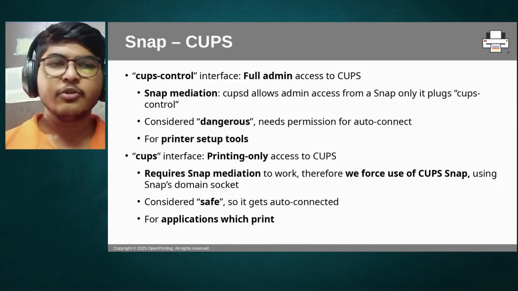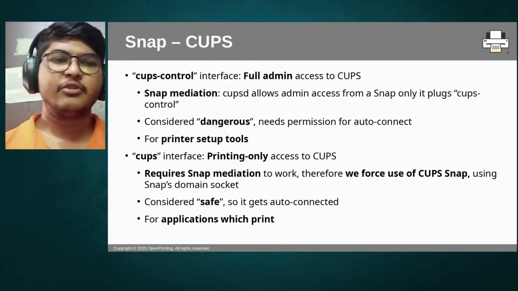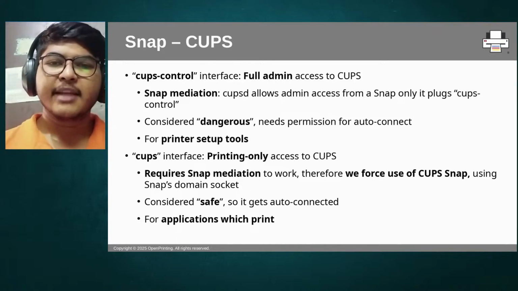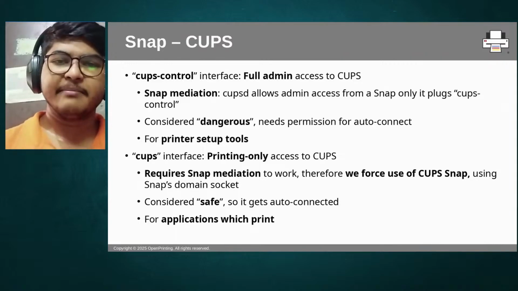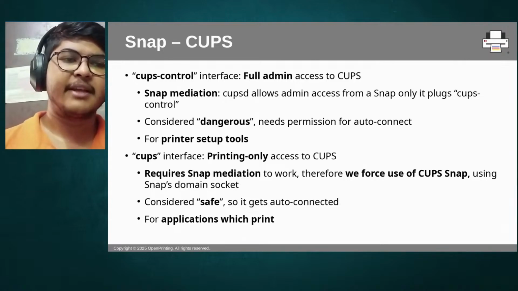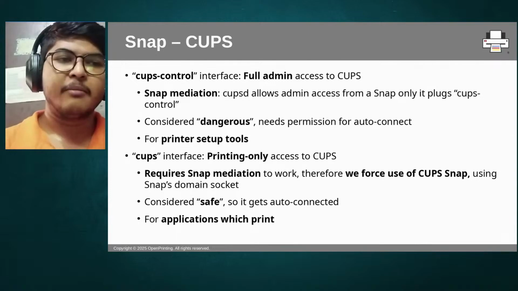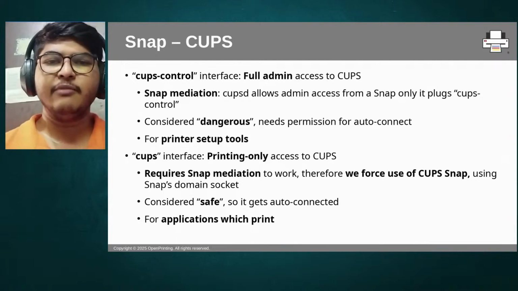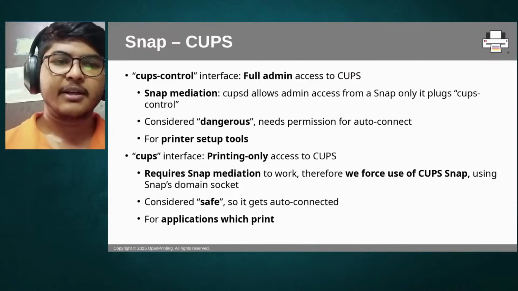So cups-control gives full admin access to the CUPS setup. As I explained before, you can remove or add any printer to the current queue. The snap mediation, where cups-d allows admin access from a snap, only applies when the snap is plugging with the cups-control plug.